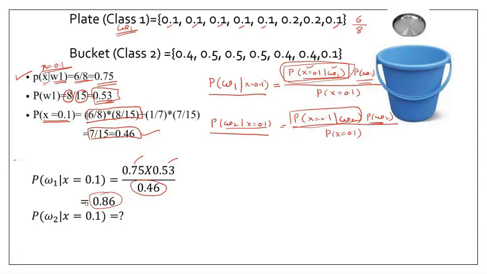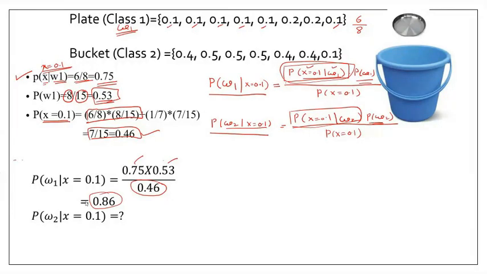Now this is called the posterior, or the chance that the object you have measured, of diameter 0.1, belongs to omega 1, is 0.86. We have found that the given object which measures 0.1 belongs to the plate category to the extent of 86%. So there is an 86% chance that whenever you measure 0.1 diameter, it is a plate.